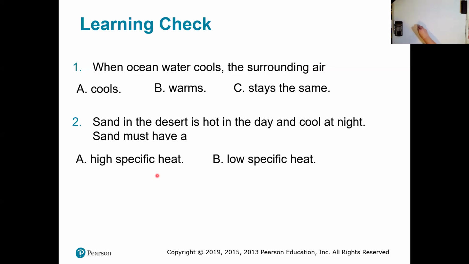That's true for any substance that has a high specific heat. If it has a high specific heat, it takes a lot of energy to change the temperature. So if something like sand changes its temperature very dramatically in a short period of time, that must mean that the specific heat of sand is very low, and it's much easier to change its temperature. Sorry, I lost that word for a second.